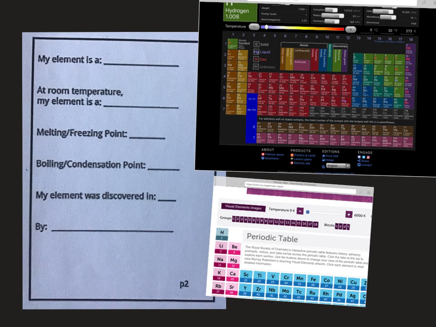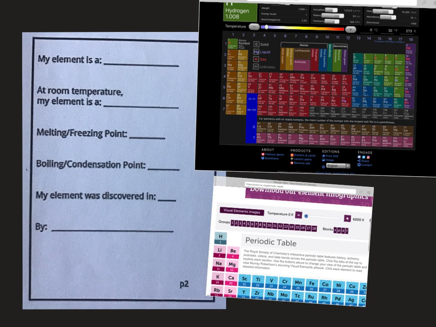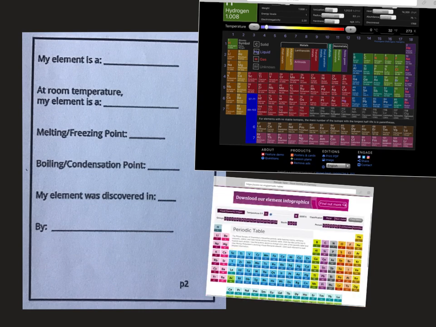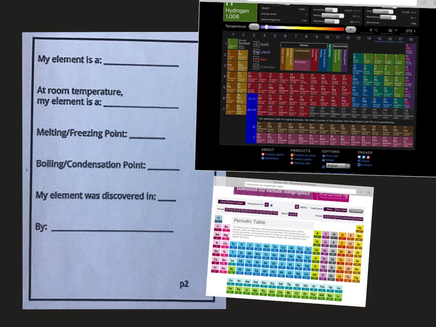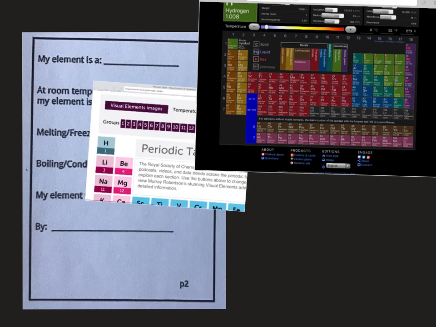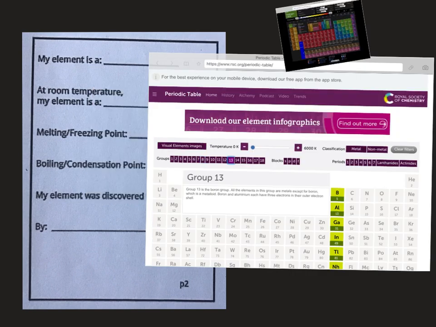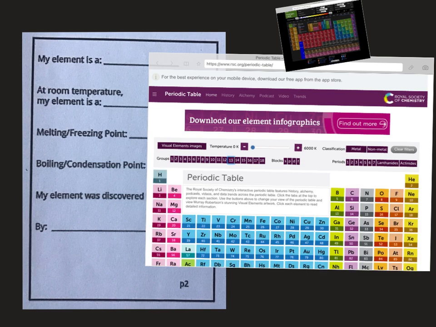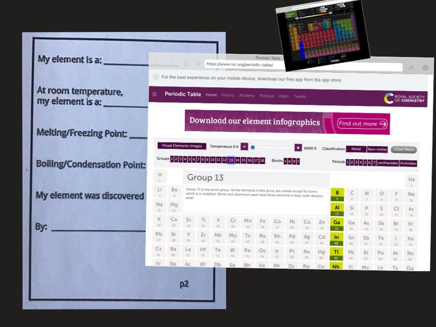Now, when you get through to groups 13 to 18, that's when I would recommend that you come down to this site, which I'm going to try to expand a bit, the Royal Society of Chemistry site. So when you get to group 13, which is the boron group, you click where it says groups, you click 13, and it highlights it, and it gives you a little blurb.